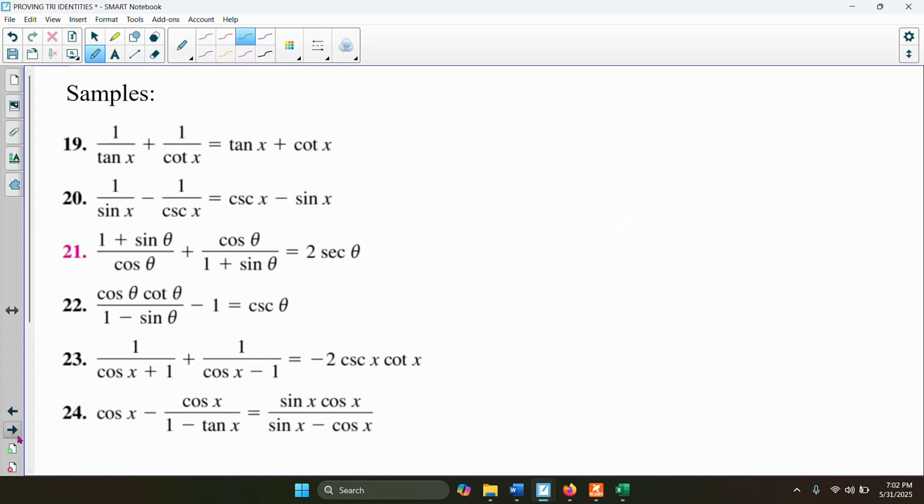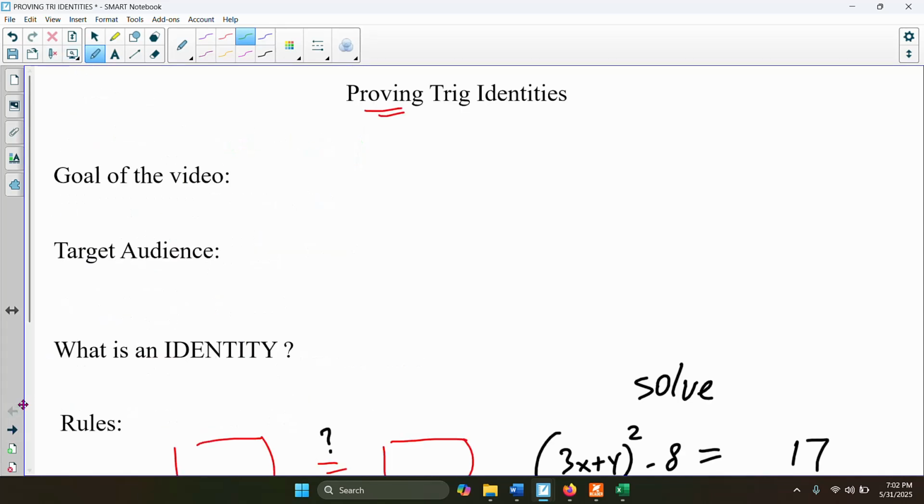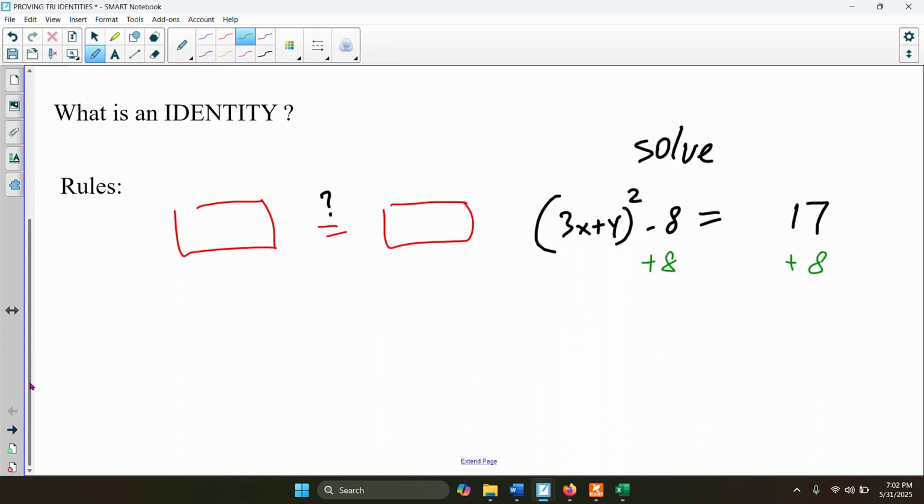Let's say if this was like this, and this was equal to 1. Of course, this is the more complicated side. I'm going to pick this side and try to manipulate it to make it look like the other side. But you're not allowed to manipulate both sides at the same time. You pick a side and you work on that.